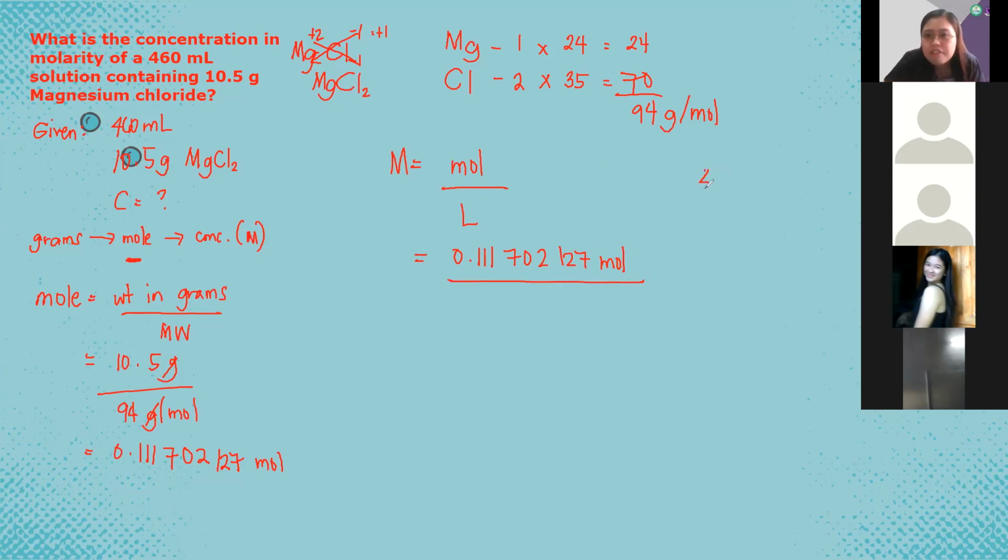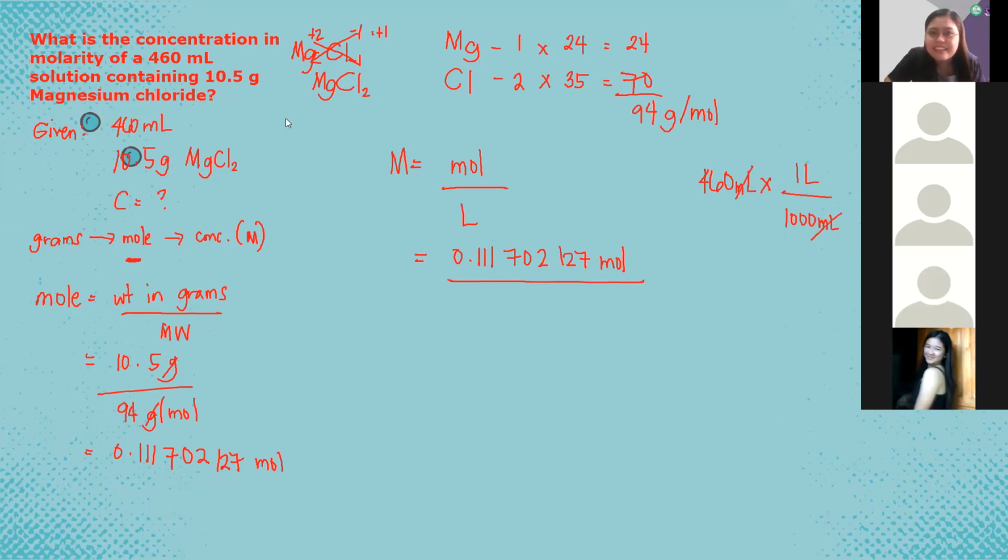So please do not forget to convert this kasi liter talaga for molarity. So sa isang litro, meron tayong 1,000 ml. Cancel this one. 0.46 po, ma'am. Okay, very good. 0.46 liters. So, pwede na tayong mag-proceed sa ating computation.